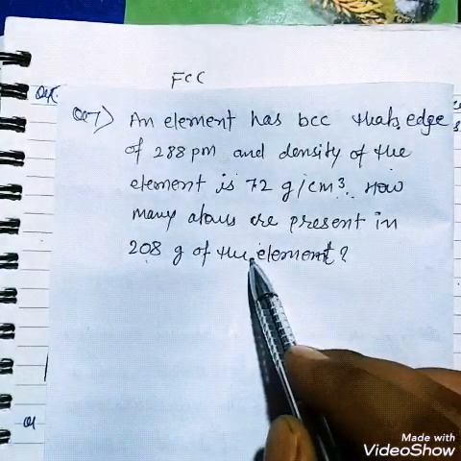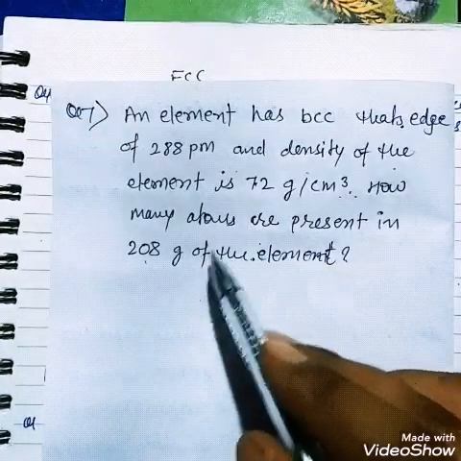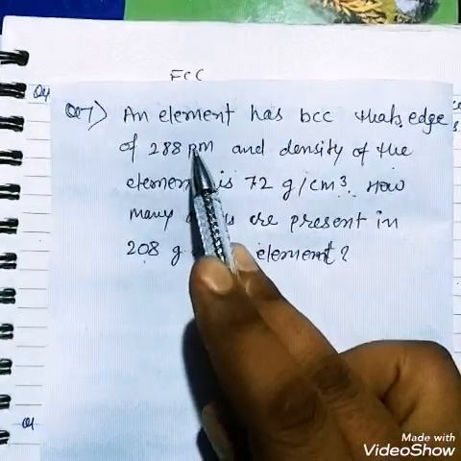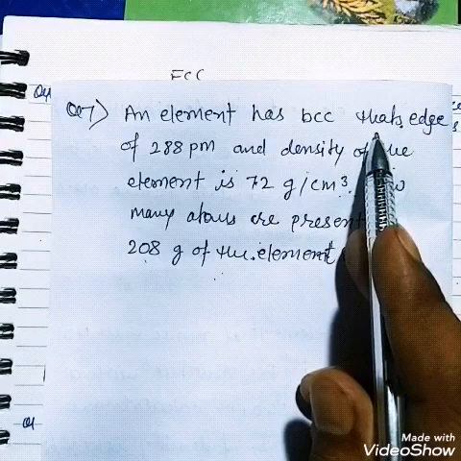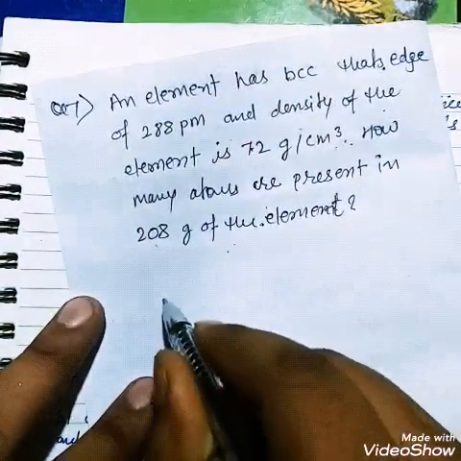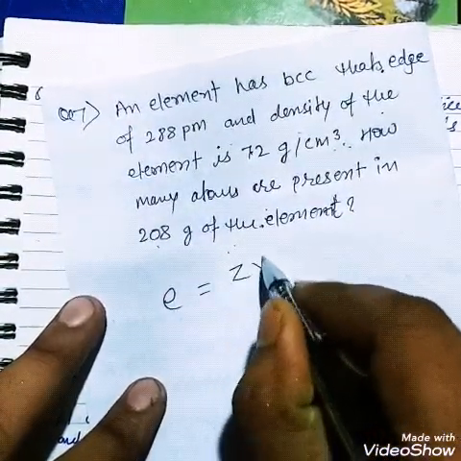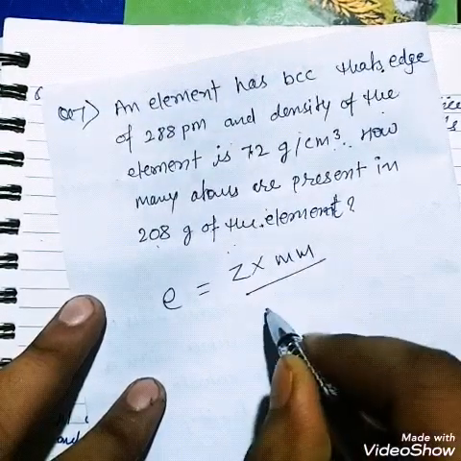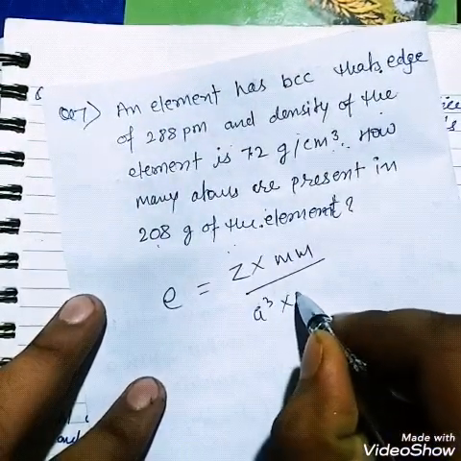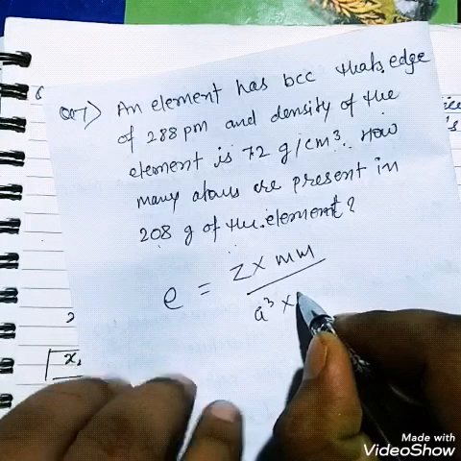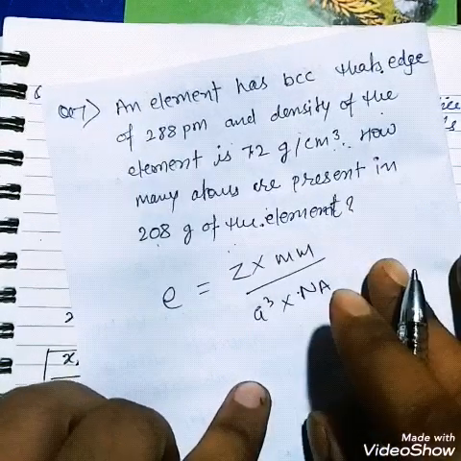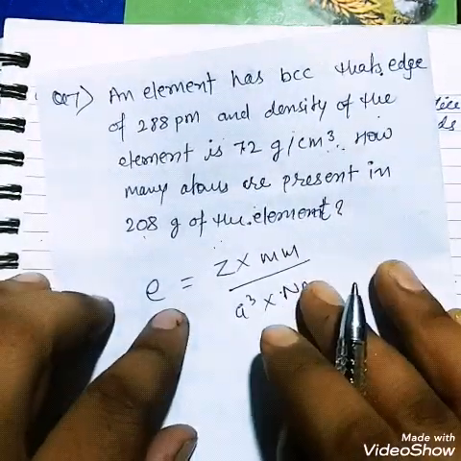Now what is the question? Once again I repeat, an element has BCC, that means Z's value. First of all I am writing here: Z into molar mass upon a cube into Avogadro's number.